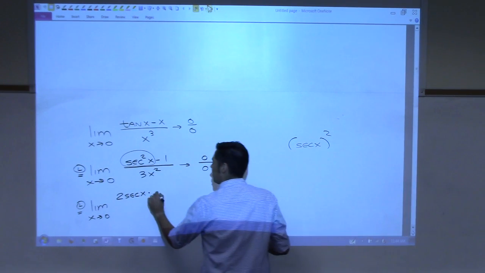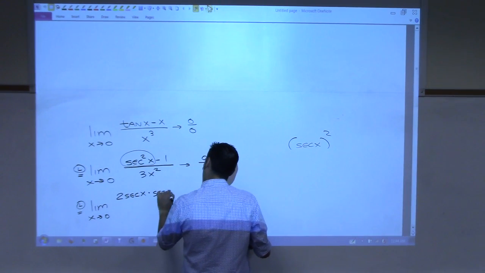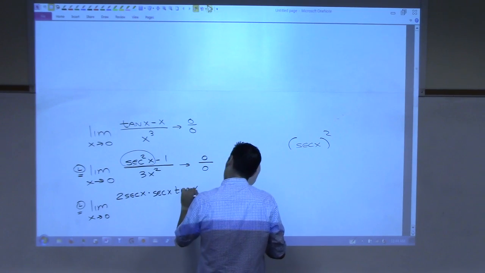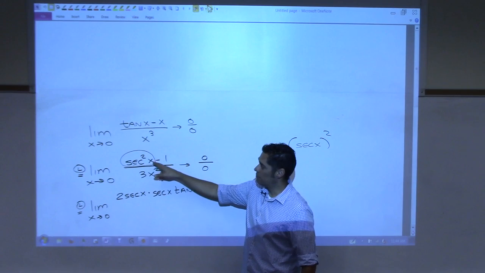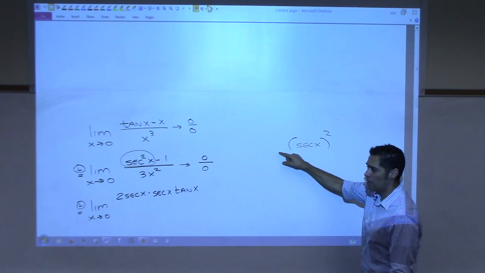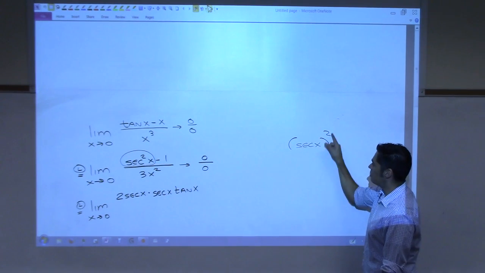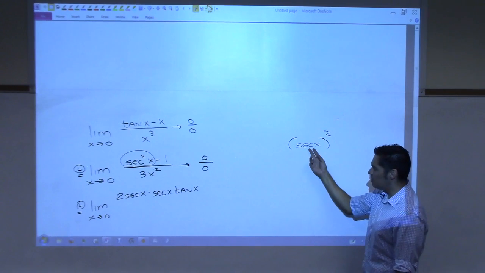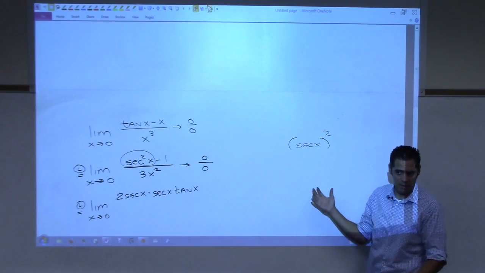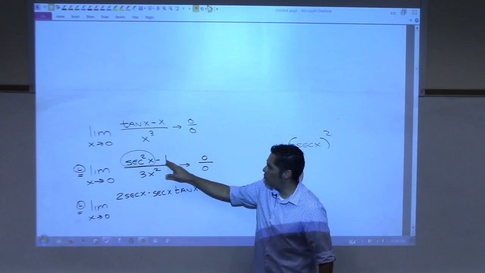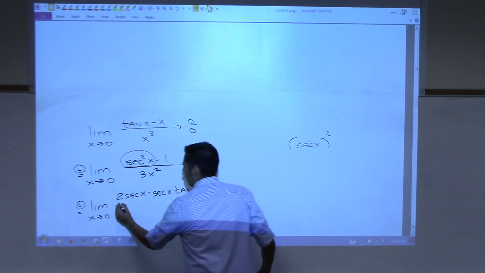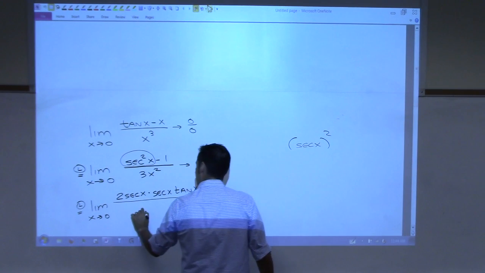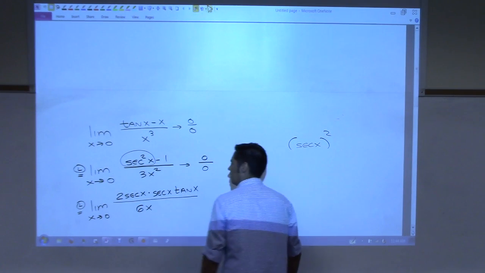So we're going to have another secant x tangent x. Are we done taking the derivative of this? The 2 came out, right? 2 times this to the first power, that's out there. Derivative of the inside, secant x tangent x, we're done, right? Now, derivative of negative 1? 0, so that's it on top. How about the derivative of the bottom? 6x, right?